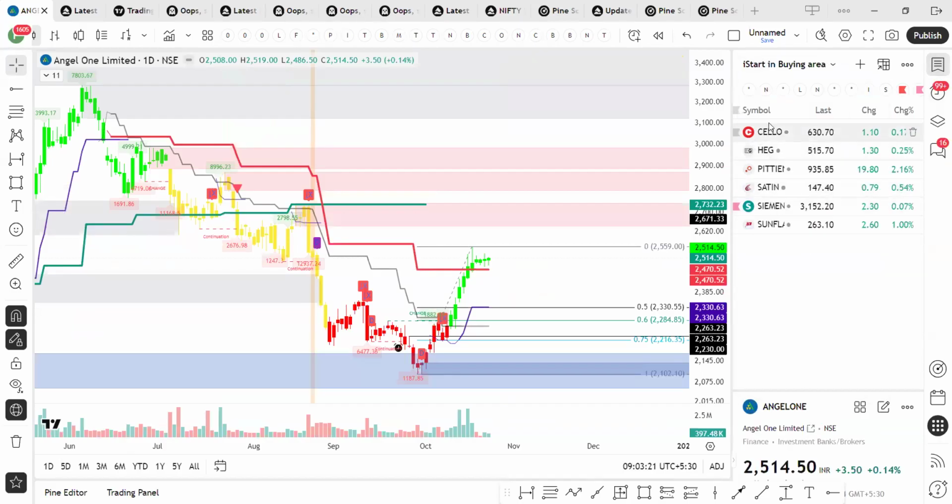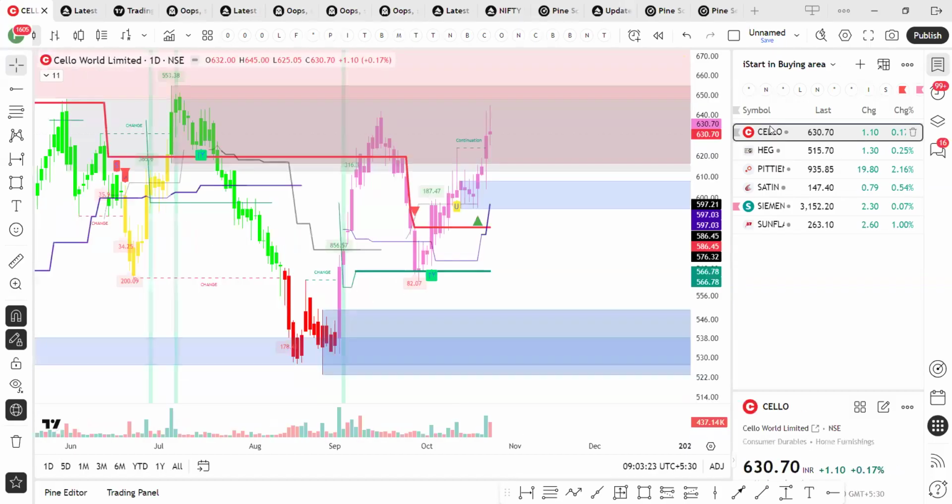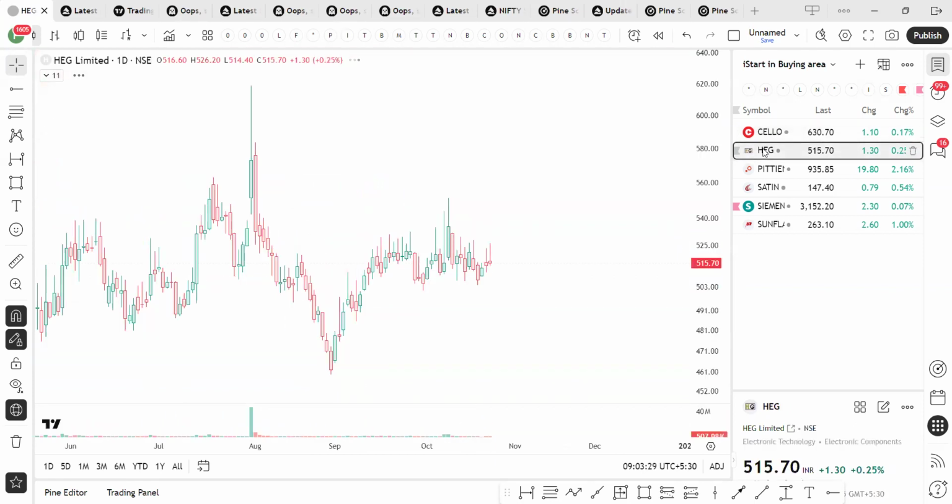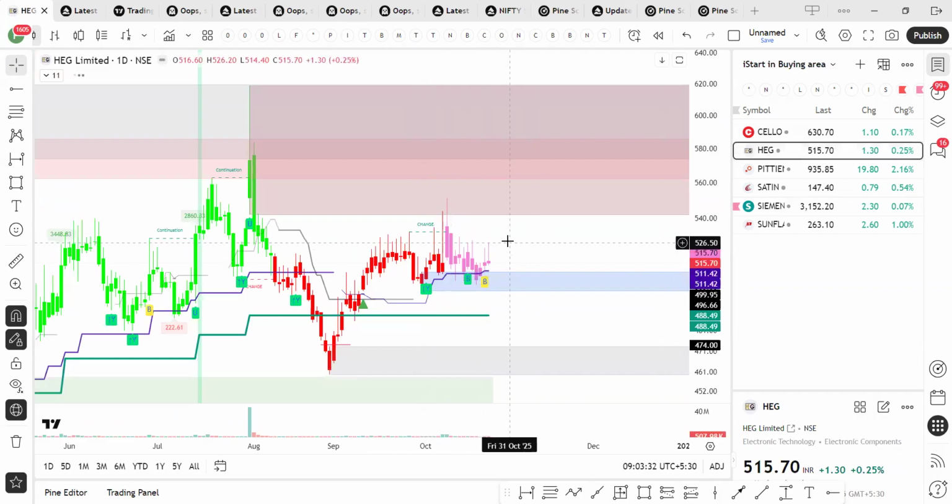I start in buying area and select that stock only. So this is bullish side, bearish sideways. I will not take entry in this even if it shows I start. HEG, it is also in bearish sideways.